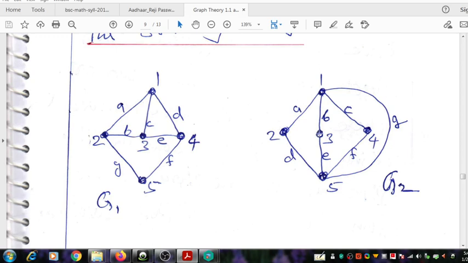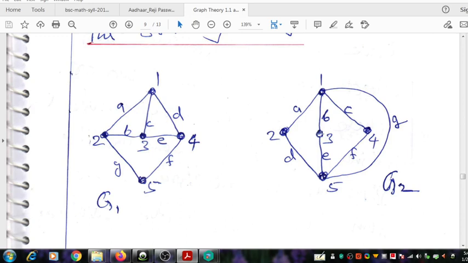If you try from vertex 3, you can take this path, and suppose you take this path and reach here 1, then reach here 4, and then 5, and suppose by chance you take the edge E to reach 3, then your travel ends there. By tracing only a triangle, which is only a part of that graph, without tracing the other remaining edges, you have to end the travel at the starting vertex 3.